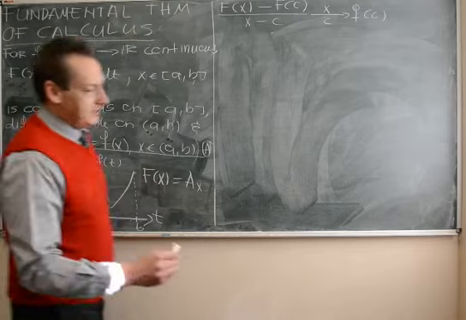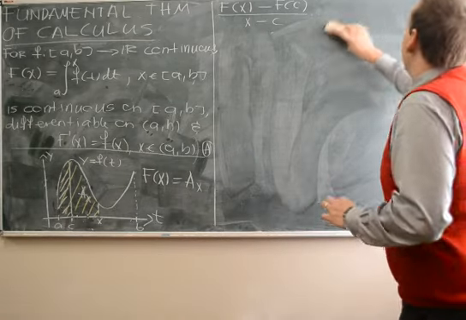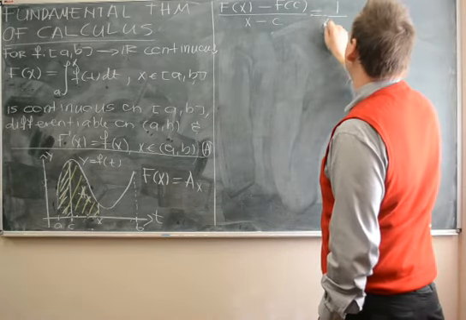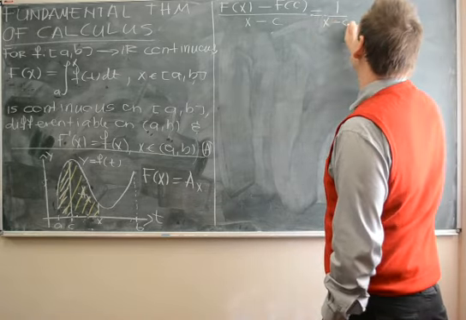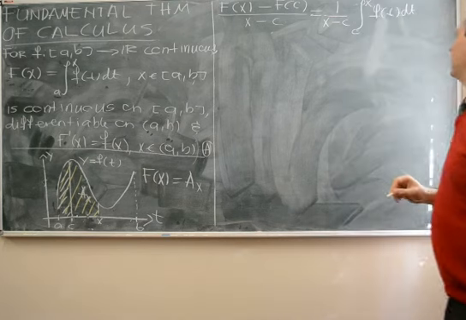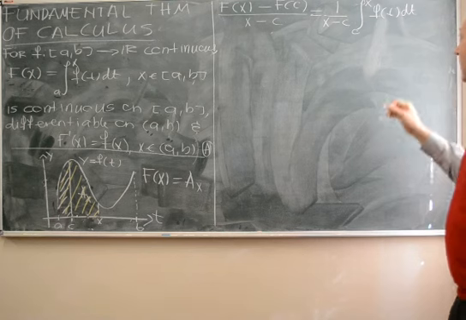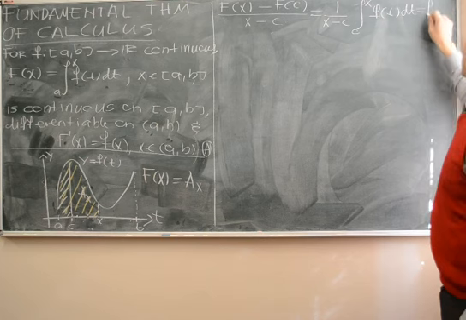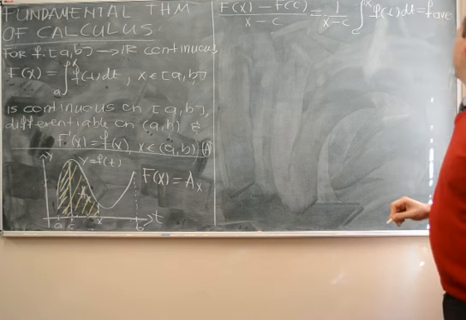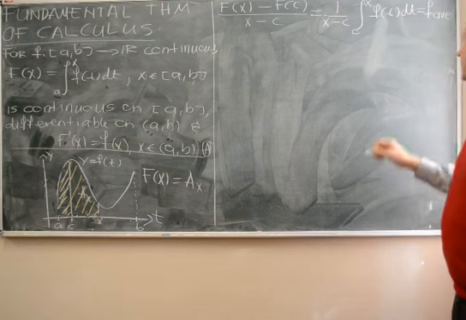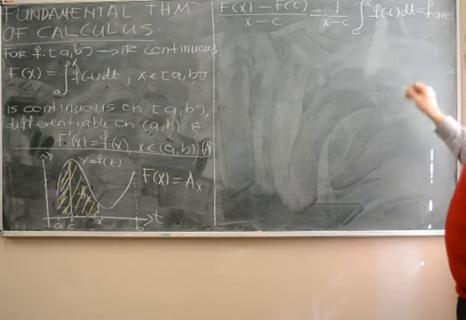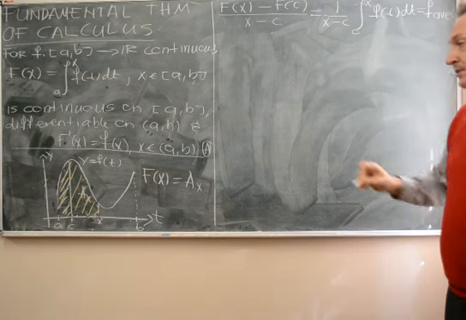That means we can write this as 1 over x minus c times the integral from c to x of f of t dt. Now this expression that we have here is just the average value of f: the integral from c to x divided by the length of the interval from c to x.